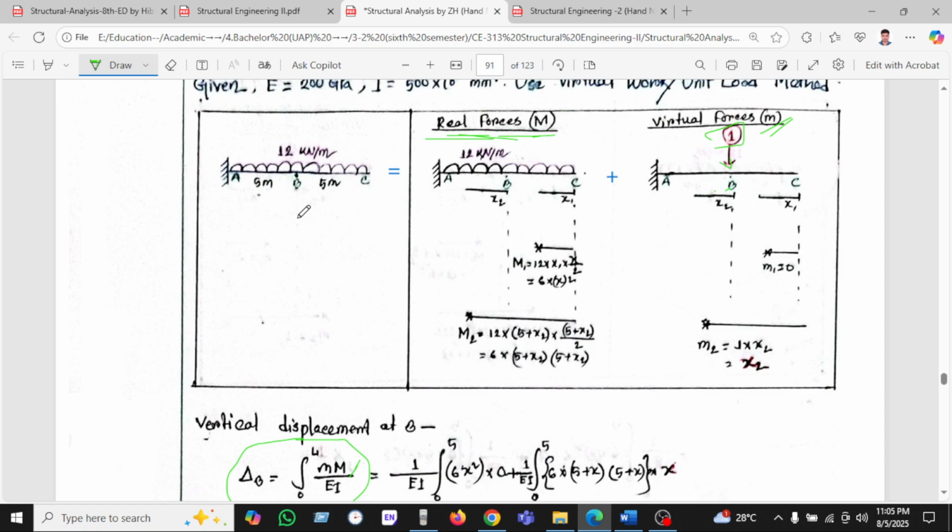So at first I am dividing this portion BC. For BC I am taking the moment at this point.